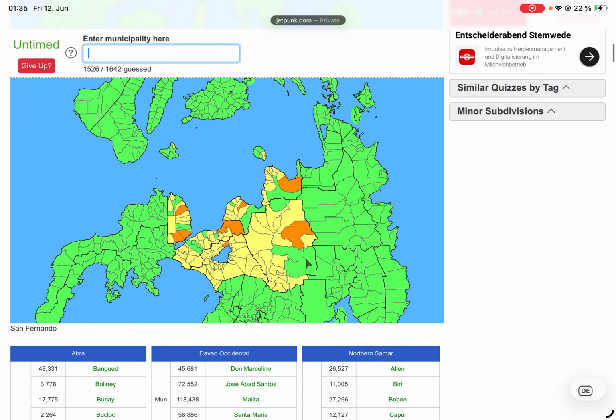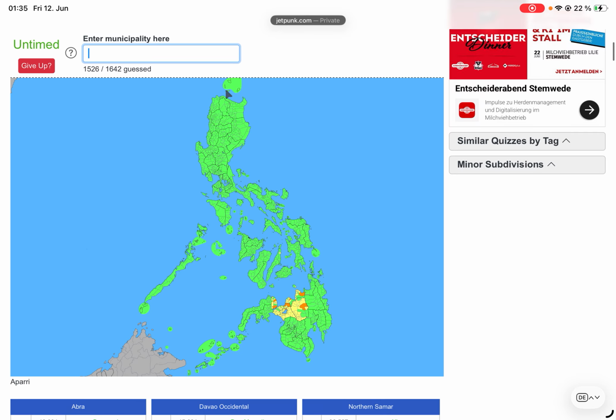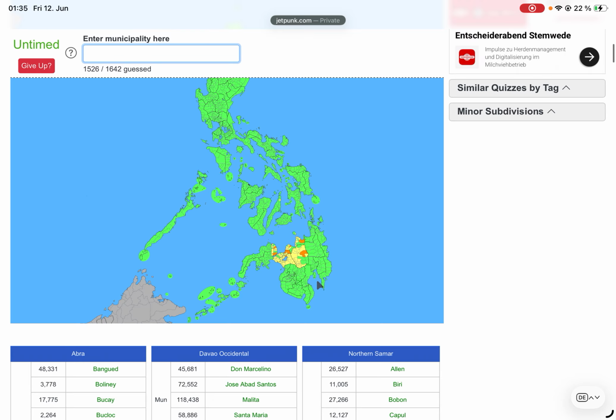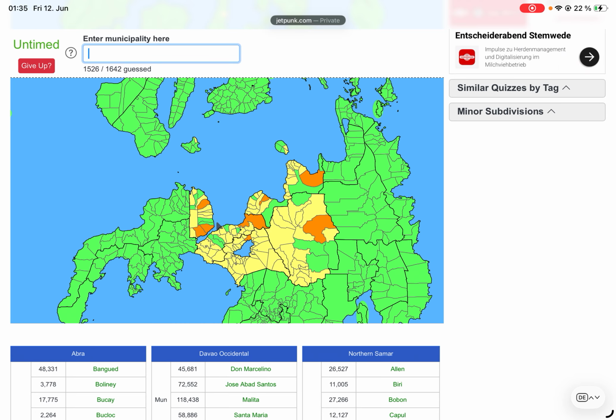Alright, that leaves us with one last region, the region of northern Mindanao. And the capital of northern Mindanao we already named before when I made the example of all of the Cagayan names in the Philippines. We have Cagayan de Oro and the province of Cagayan and so on. So yeah, let's just continue here in the province of Misamis Oriental, where Cagayan de Oro is the capital.